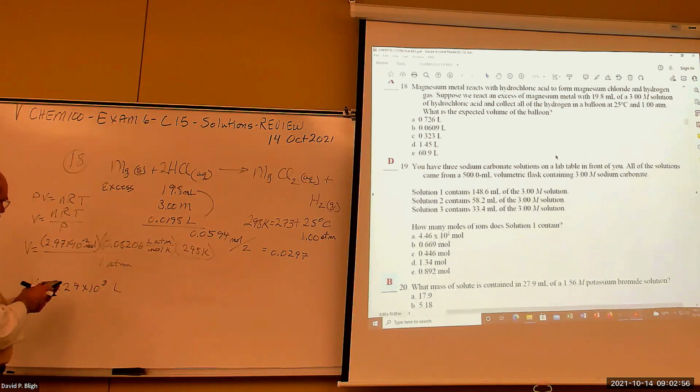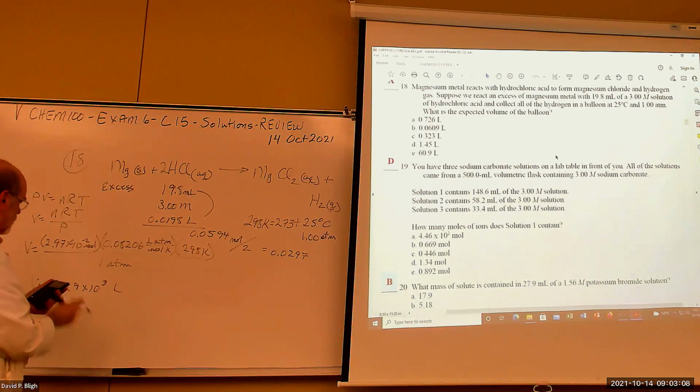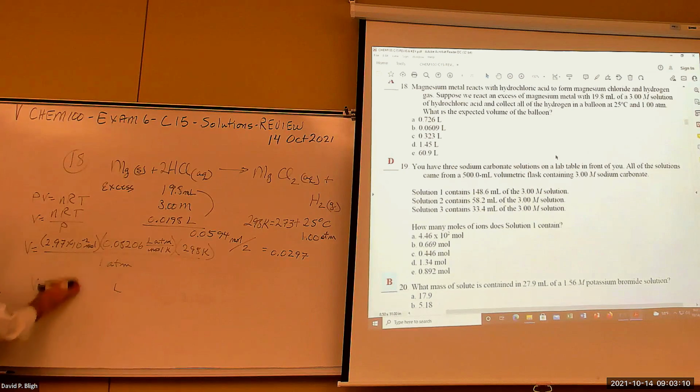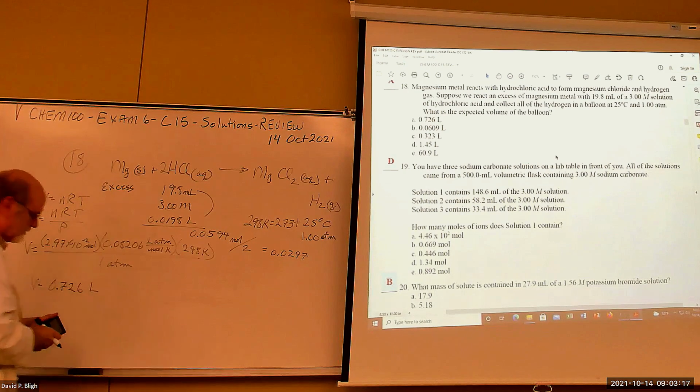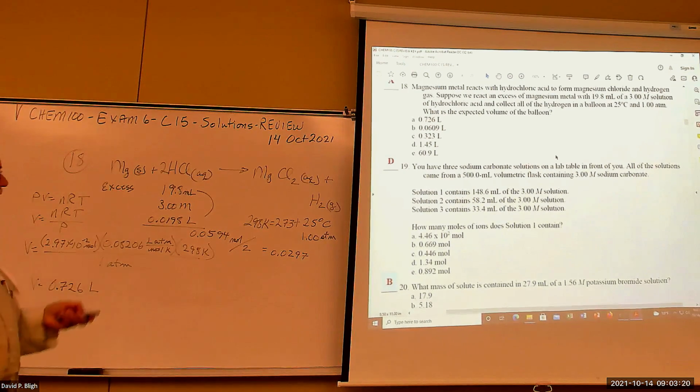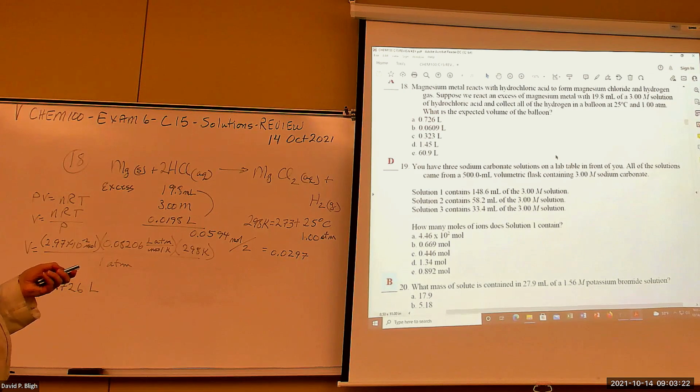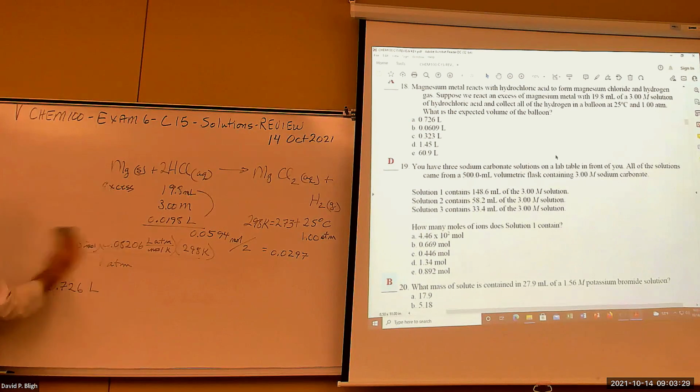So let me put it in again. 0.08206 times 8 times... 0.726 liters. There we go. Calculation error. 0.726 liters is our answer. About 3/4 of a liter out of that experiment.